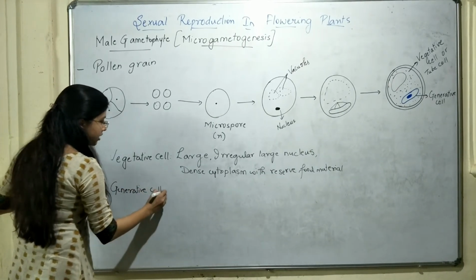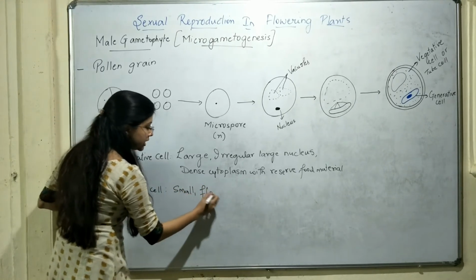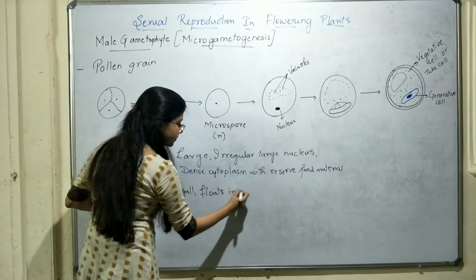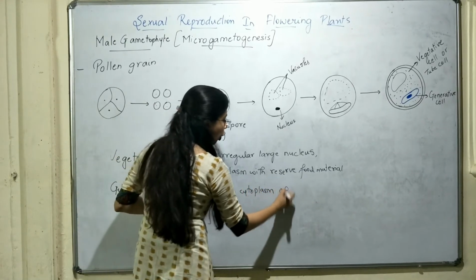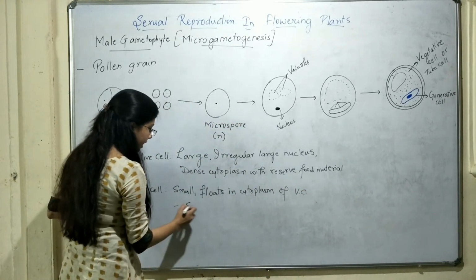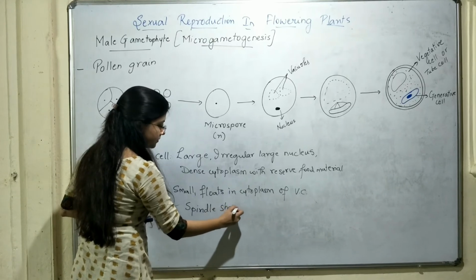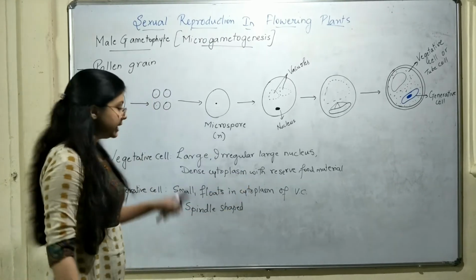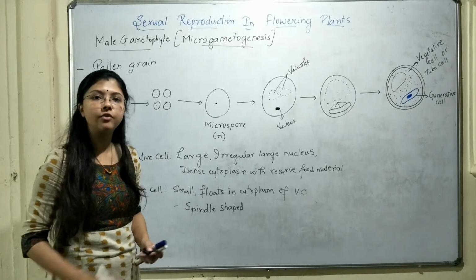As I said, the generative cell is small in size, floats in the cytoplasm of the vegetative cell. Generally it is spindle-shaped and it is the one which is mainly involved in the process of formation of the male gametes.